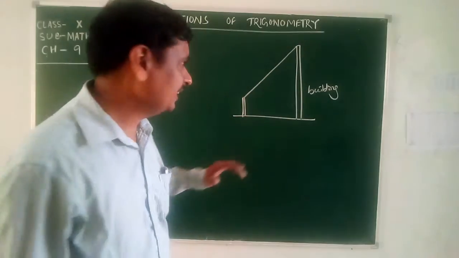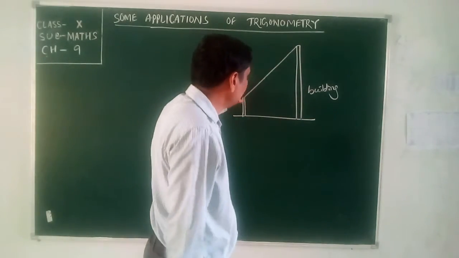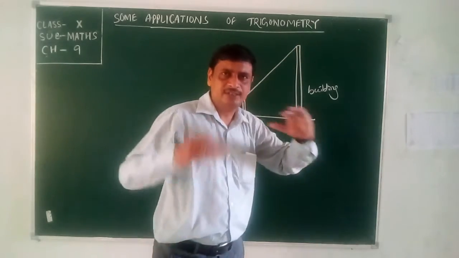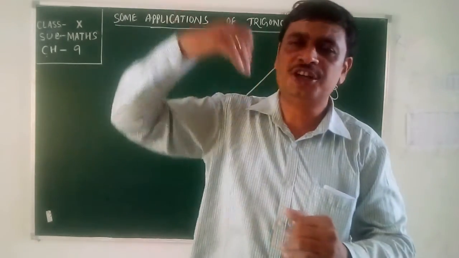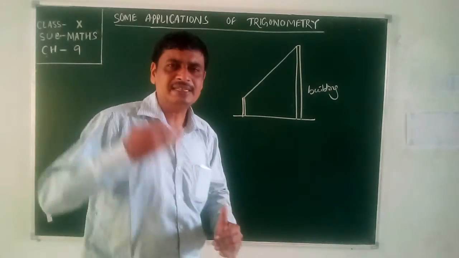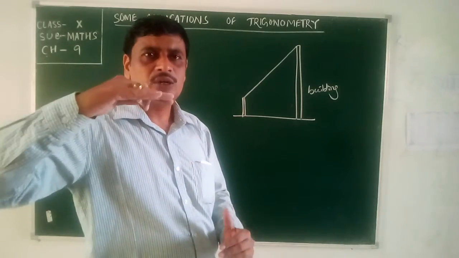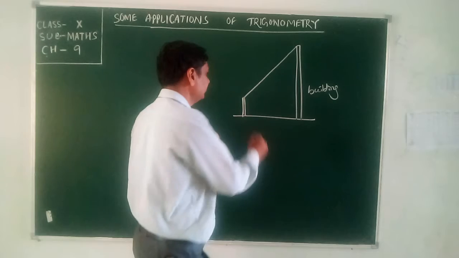That is the line of sight, the direction of looking at any object which is above the horizontal line. Horizontal line means the line in which we generally look, like this line.